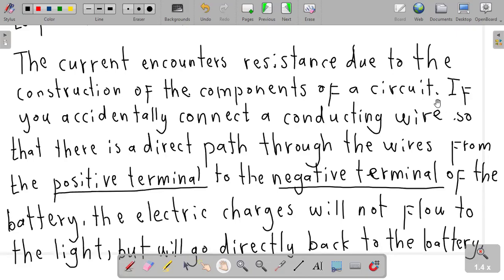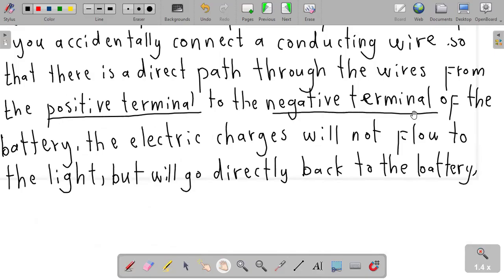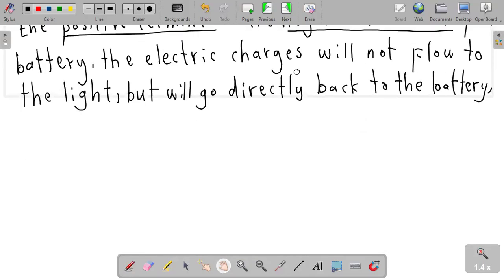Okay. So if you accidentally connect a conducting wire so that there is direct path through the wires from the positive terminal to the negative terminal of the battery, the electric charges will not flow to the light and to other components of the circuit. So, but will go directly back to the battery. Because what?